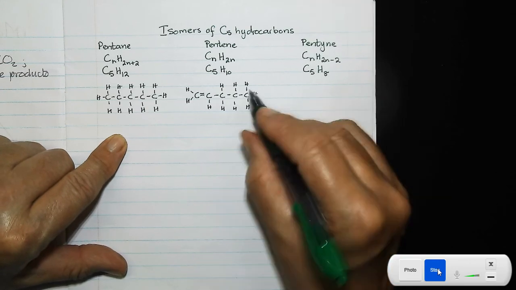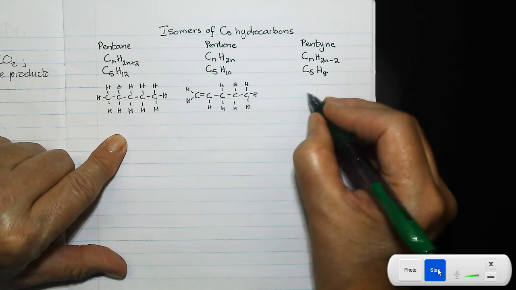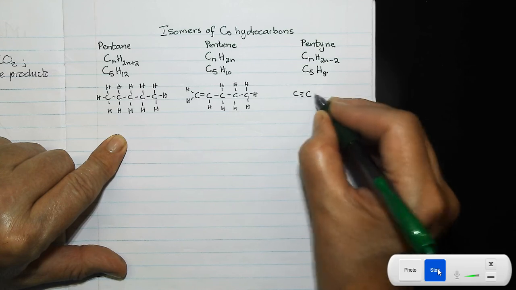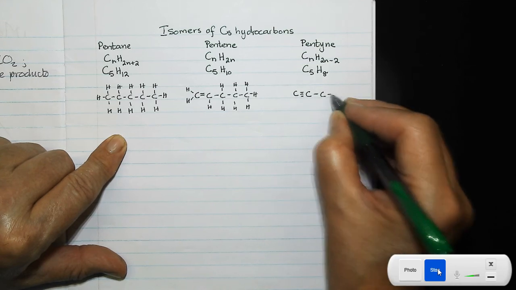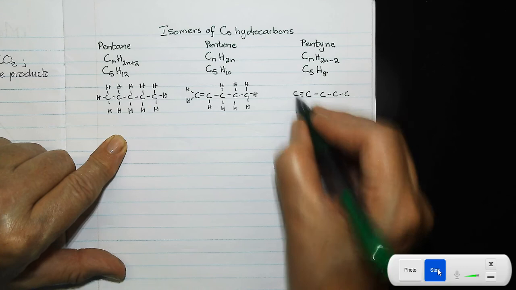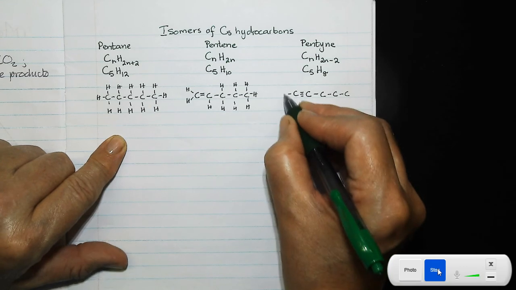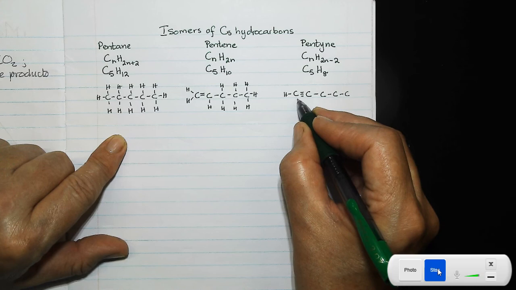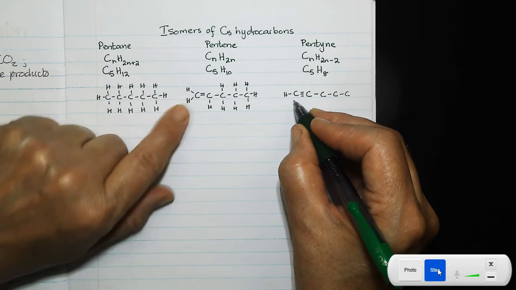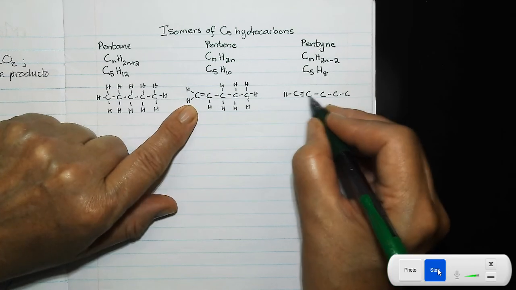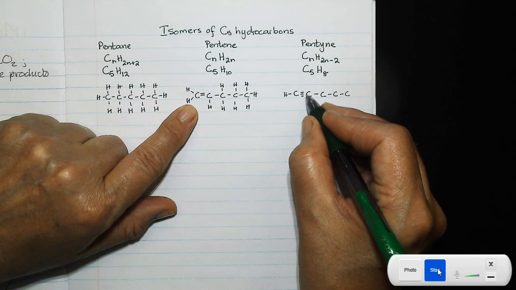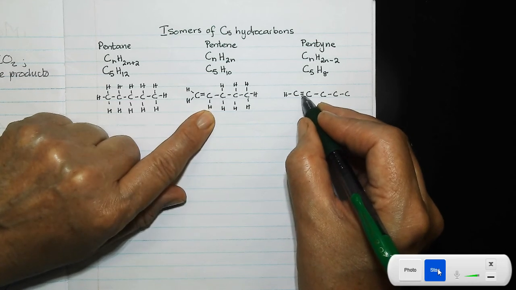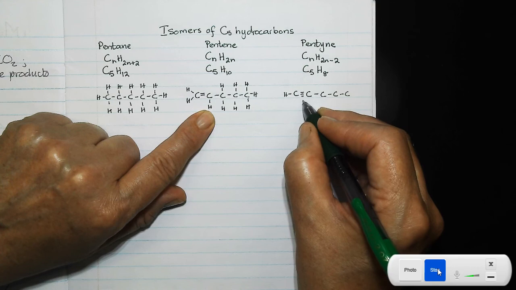To move from the alkene to the alkyne, there is a triple bond formed between 2 carbon atoms, and here, to complete the 4th bond, this first carbon takes 1 hydrogen, so it's lost another hydrogen here, and the second carbon has lost its hydrogen when we move from a double bond to a triple bond.